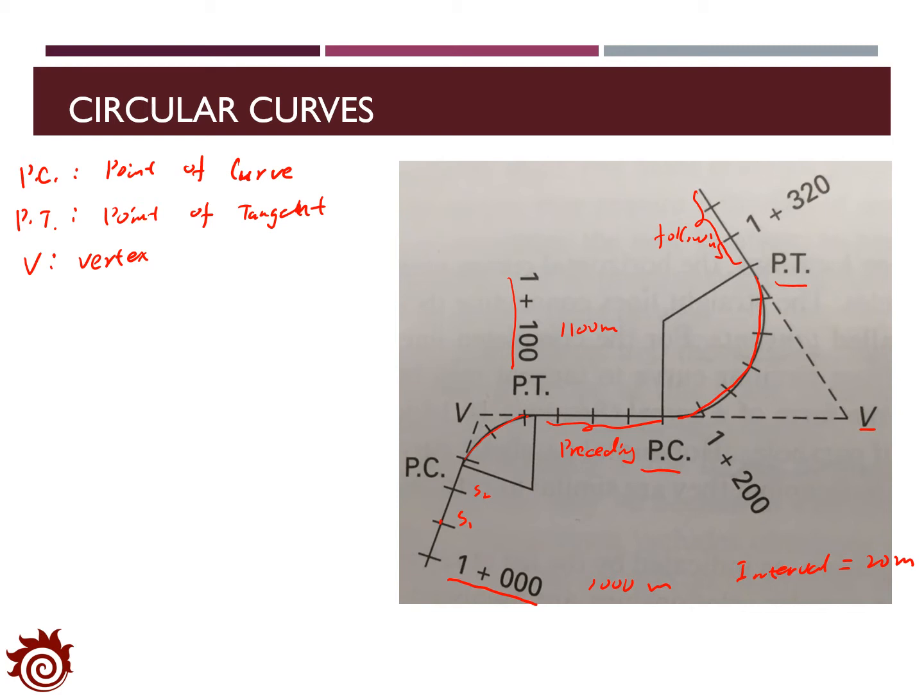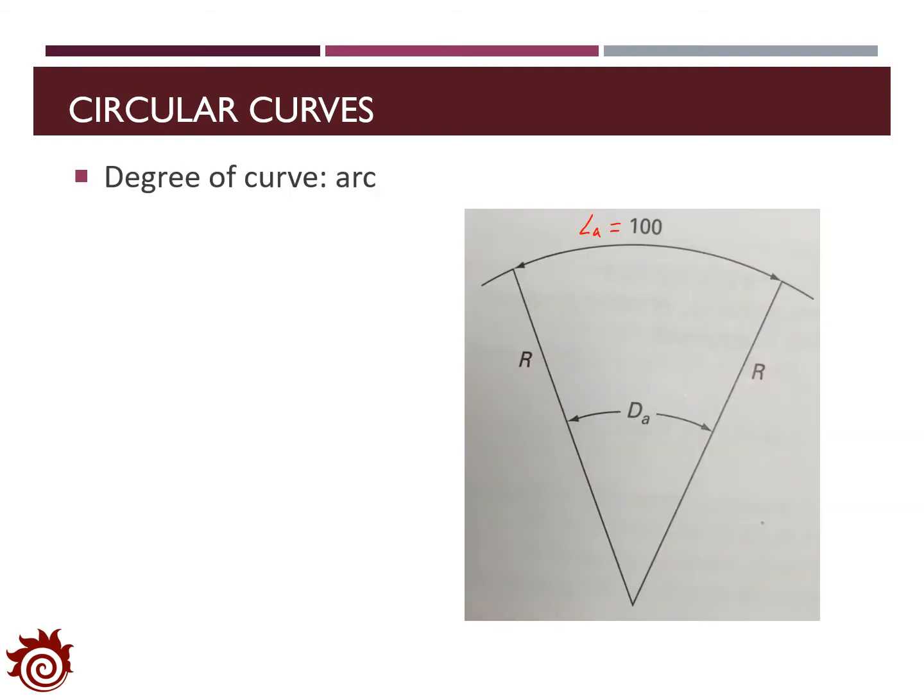along the route. For the estimation of the horizontal curve, we first need to identify an appropriate measurement for the circular connection. Usually, the curvature of the circular connection can be measured based on the degree of the curve, and there are two types of the definition for the degree of the curve. The first one is the arc definition, and the definition is shown in the figure here.